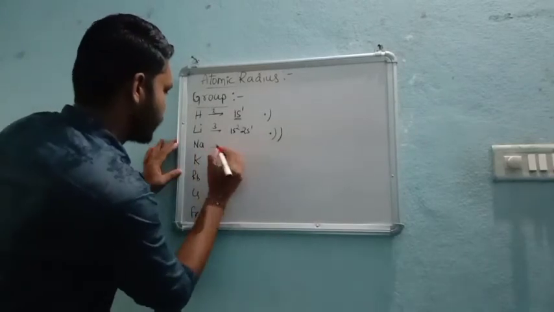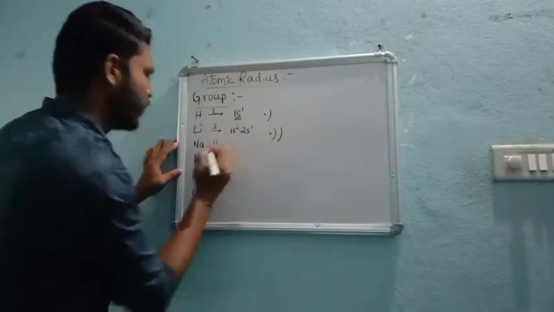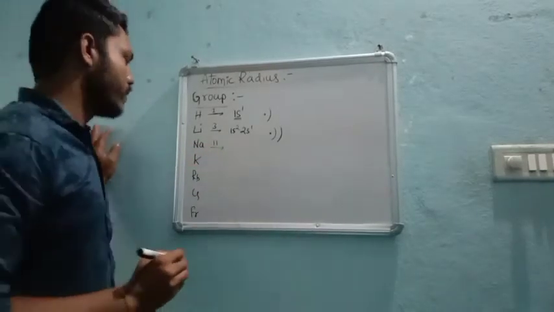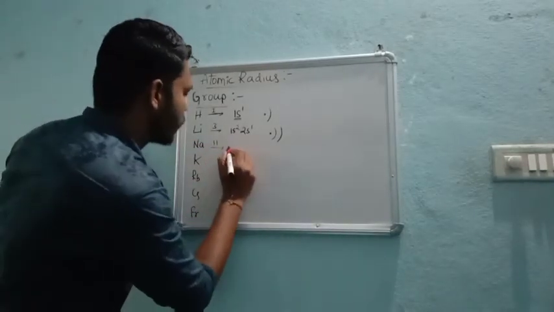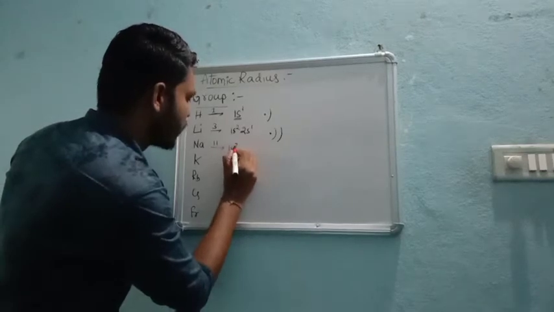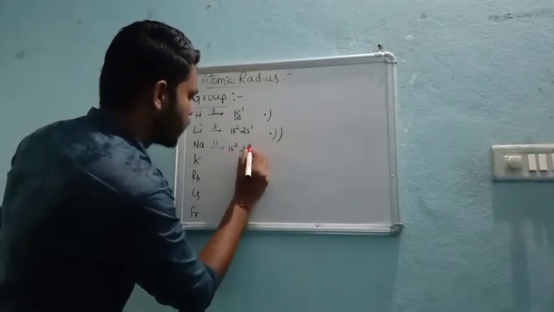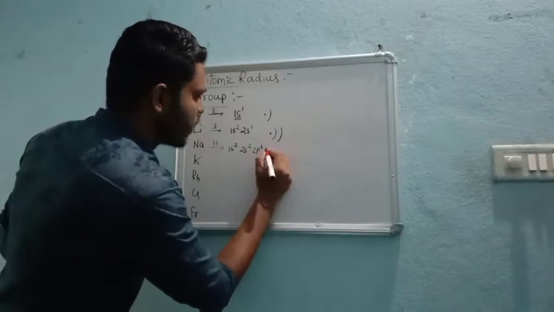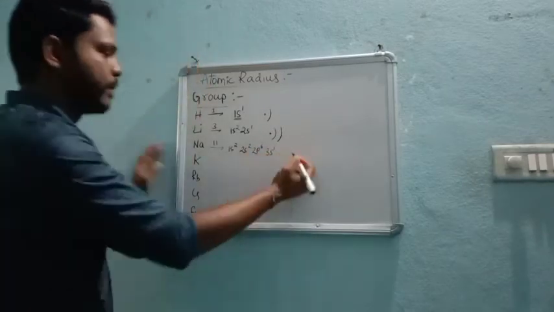Next, sodium. Already we know sodium has atomic number 11. So the electronic configuration will be 1s2, 2s2, 2p6, 3s1.